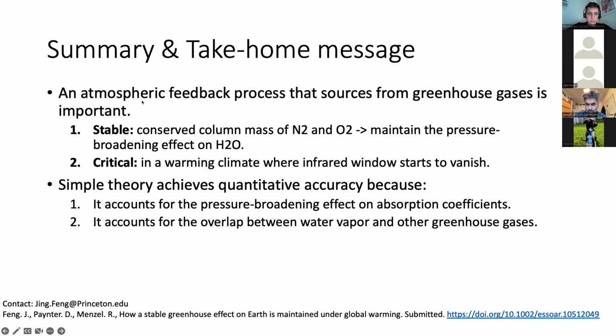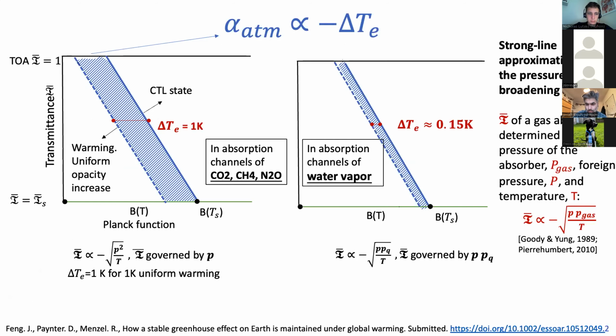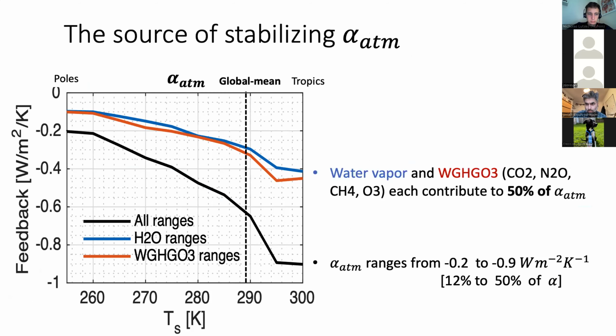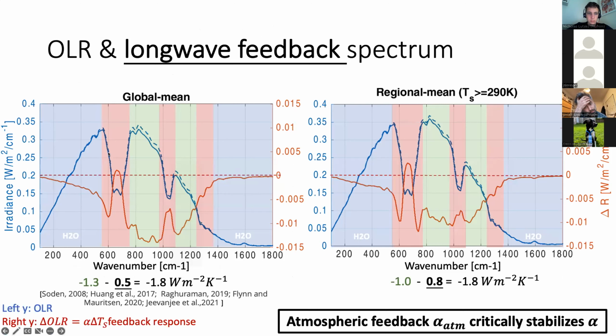So just to give you some hint, we ran an idealized simulation into a further warmer climate. You can see that in the hotter range of the Earth, water vapor and CO2 still take a similar portion of the feedback. And this is really because there's a kind of masking effect between the CO2 band and water vapor, because this side of CO2 is overlapped with water vapor.